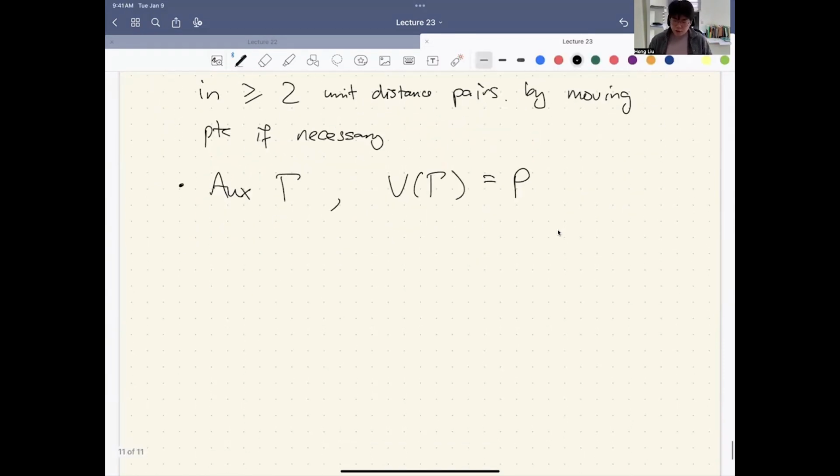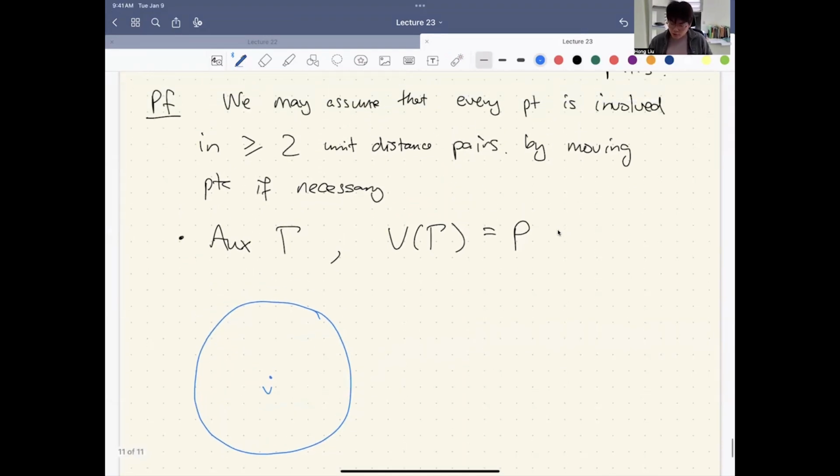What are the edges? Let's first draw a point V in P. Draw a unit circle around V. What do we know? We know by this assumption that there are at least 2 points on this unit circle, because every point is involved in at least 2.